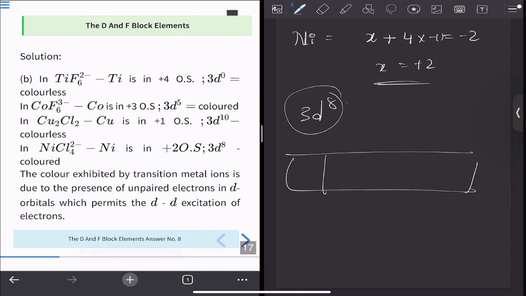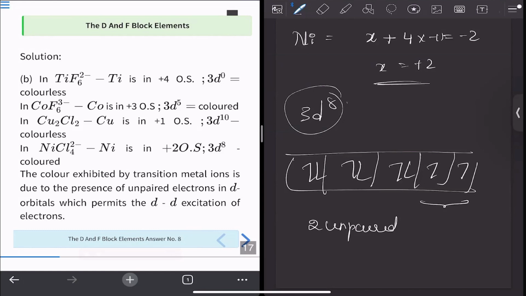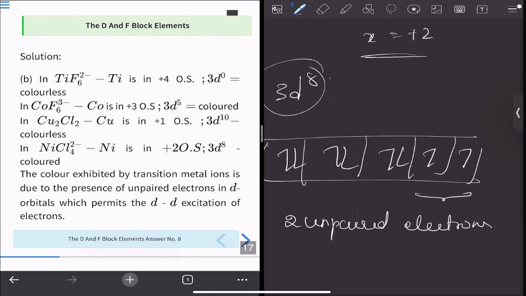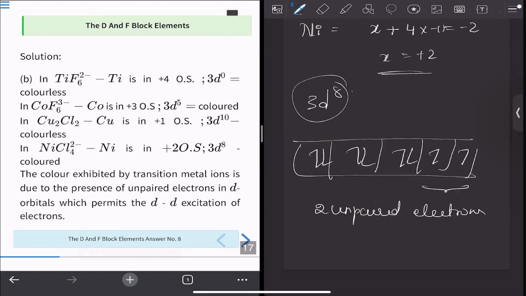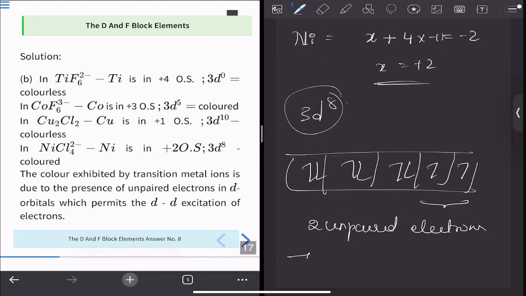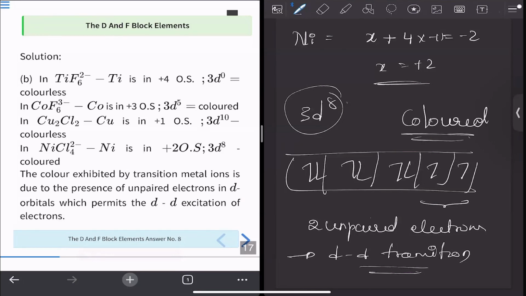So there are two unpaired electrons. As there are two unpaired electrons, they can undergo d-d transition. So it is colored.